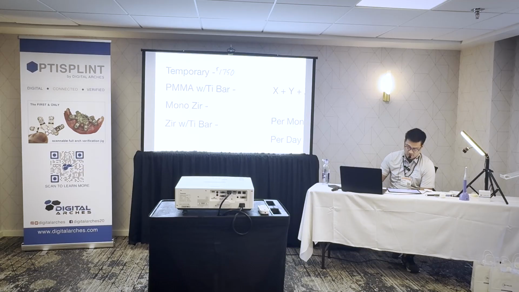So PMA over titanium, we charge this. And then mono zirconia, all with tie bases, is $5,750, and the zirconia with titanium bar we charge $7,500 for.